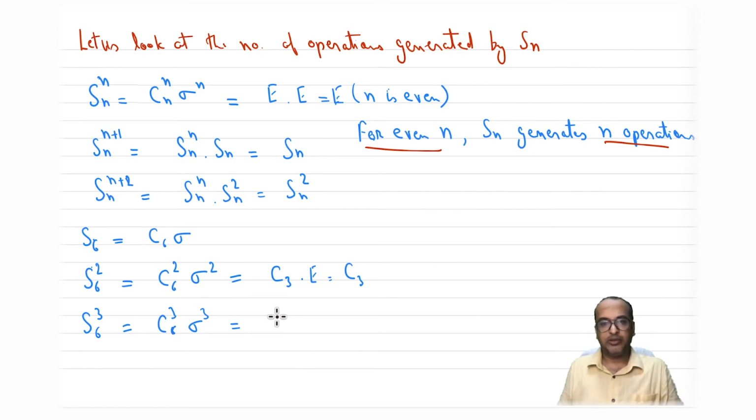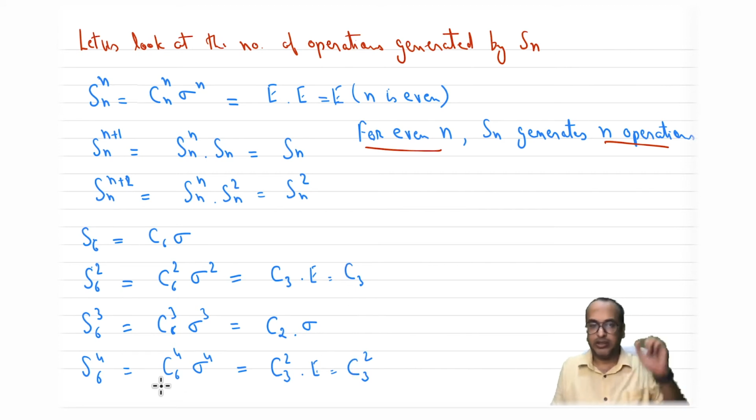C6 done 3 times is actually C2, and sigma done thrice will be sigma. So this is again an independent operation. Now S6 to the power 4 will be C6^4 sigma^4, which is C3 squared times E. So C3 done twice is S6 done 4 times.